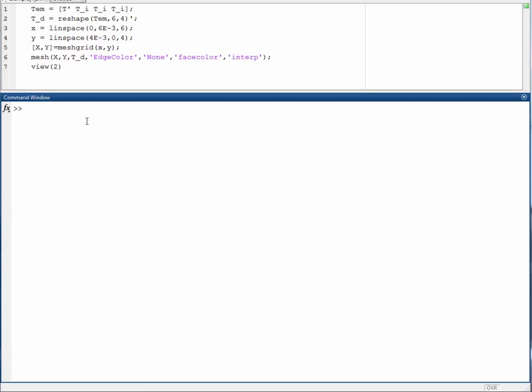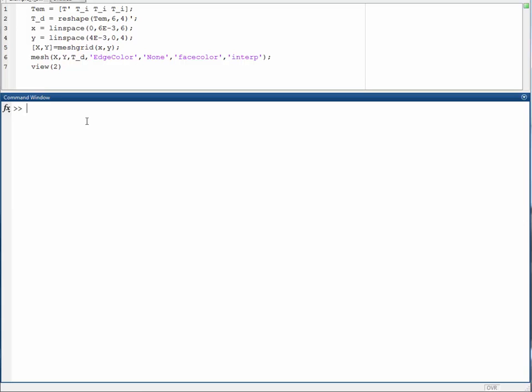The next step to plot it, we need to create the vector that it has for the x and for the y-axis. For the x-axis, we start at 0, we go up to 6 millimeters, and we have 6 divisions. For the y-axis, we start actually at 4 to 0, because we're doing the other orientation, since we started the labeling of the nodes in the upper part of the y-axis, and then we have 4 divisions.